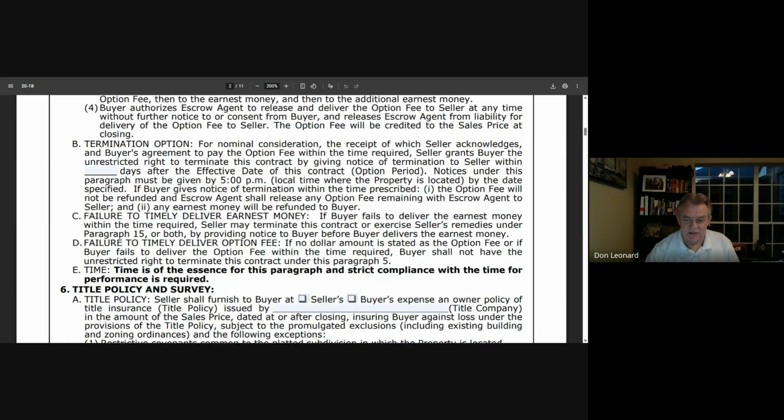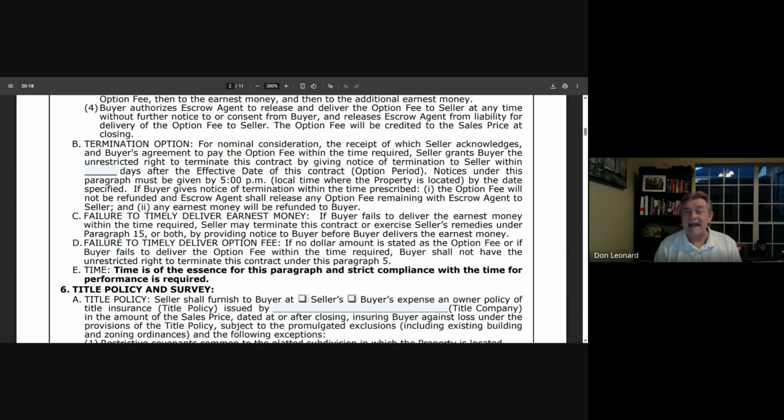The next section talks about the termination option, the option period, where it says, for nominal consideration, receipt of which the seller hereby acknowledges, buyer's agreement to pay the option fee within the time required, seller grants the buyer the unrestricted right to terminate this contract by giving notice of termination to the seller within X number of days after the effective date of the contract.